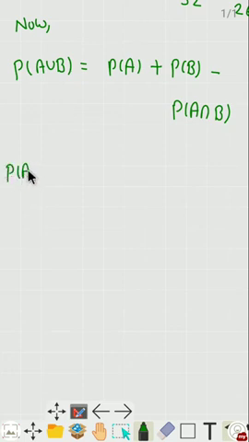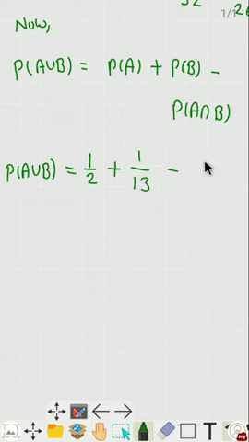Probability of A union B is equal to probability of A, which we calculated as 1/2, plus probability of B, which is 1/13, minus probability of the intersection, which is 1/26.